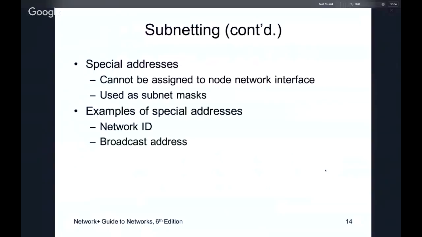So subnetting allows you to use what's called special addresses that cannot be assigned to node network information. It uses a subnet mask. So basically you can have the same IP range, different subnets in that range, and it would separate the segments. So we could have in a network 2 IP addresses of the same IP address with a different subnet, and it would separate those 2 IP addresses from one another.